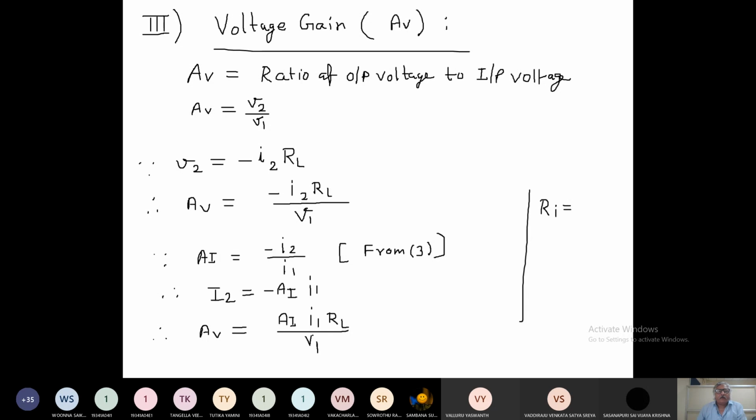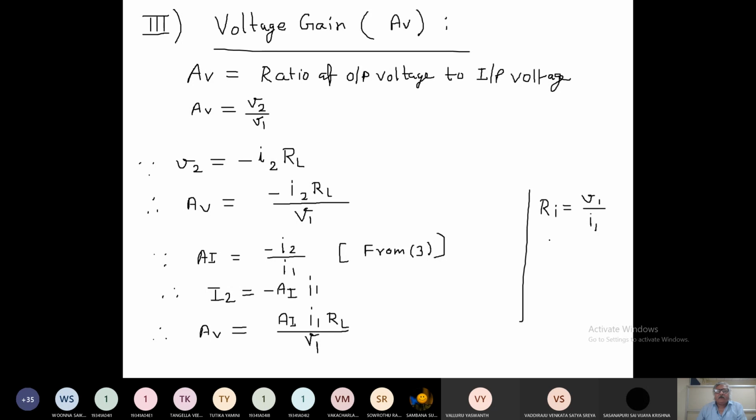We will use this. So Ri, the input resistance, is V1 by I1. So here we have written I1 by V1, right?